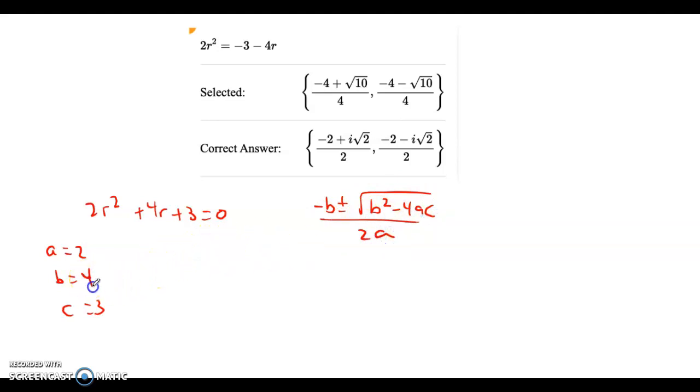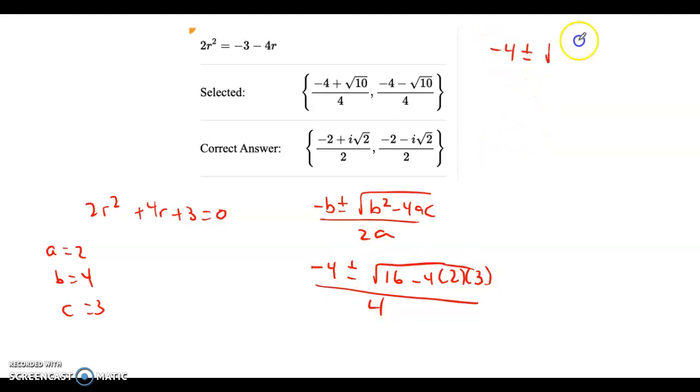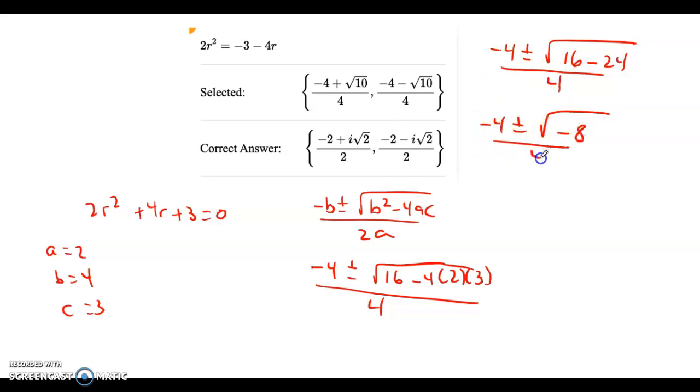Negative B in this case is going to be a negative 4 plus or minus the square root of 16 minus 4, I'm just substituting, and 2A, I just do 2 times 2, which is 4. So that's going to give us negative 4 plus or minus the square root of 16 minus 24 over 4. Negative 4 plus or minus the square root of negative 8 over 4.